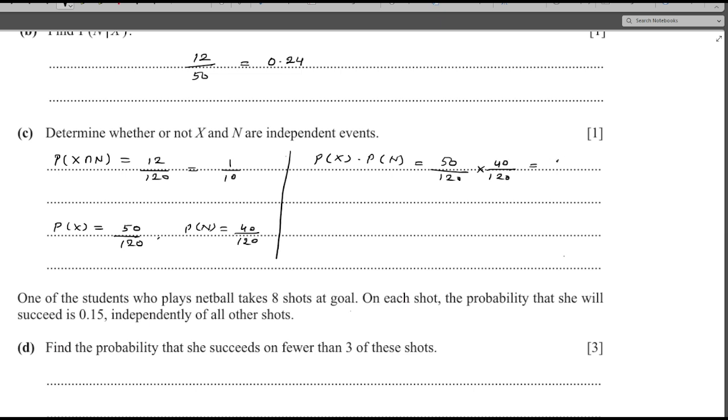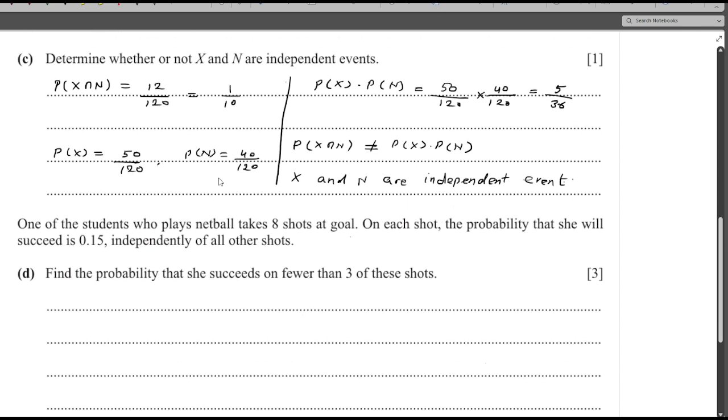So clearly here probability of X intersection N is not equal to probability of X times probability of N. So X and N are not independent events. Independent events means they do not have any relation, like probability of N is not related in any way to the probability of X.